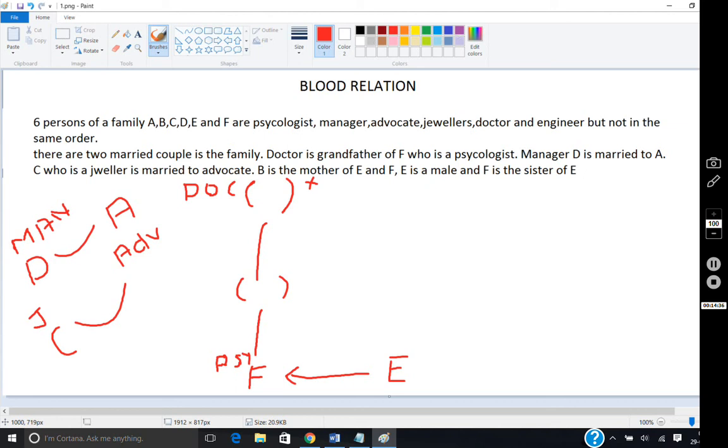E is a male. And F is the sister of E, so here the gender of F is also clear. F will be female.